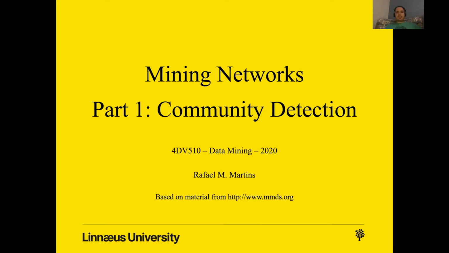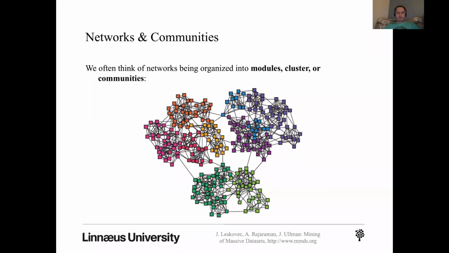And that's what a network is. Basically, a network is a data set, just like the normal Euclidean data set, but instead of having Euclidean coordinates, we have connections between points. This is the structure of the data set. It's just nodes and their connections. And this first part talks about community detection. So let's go for it.